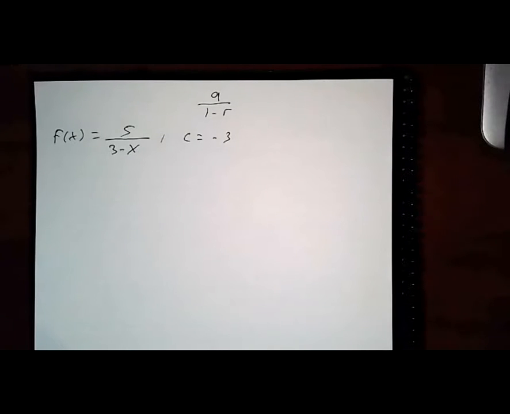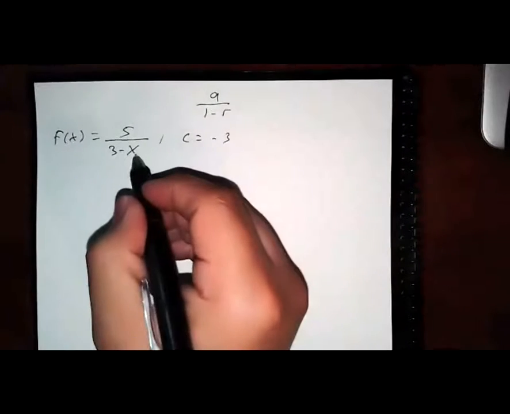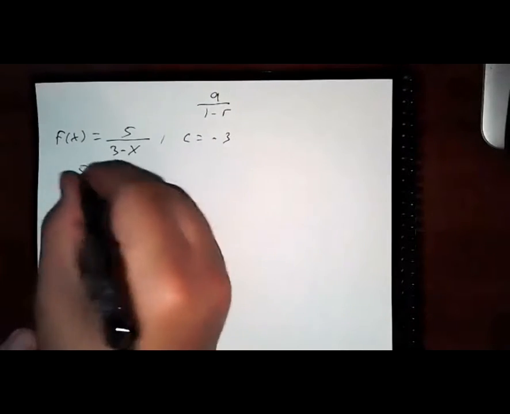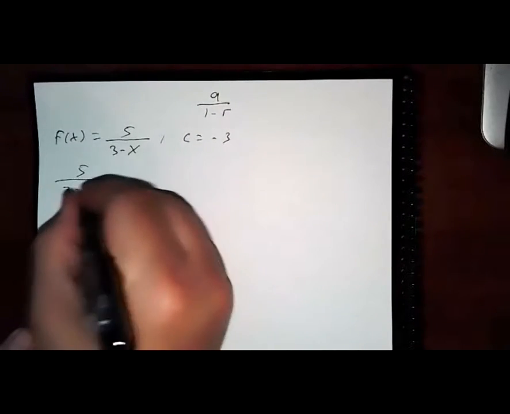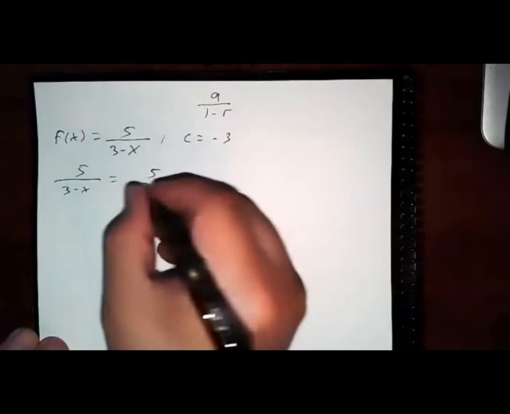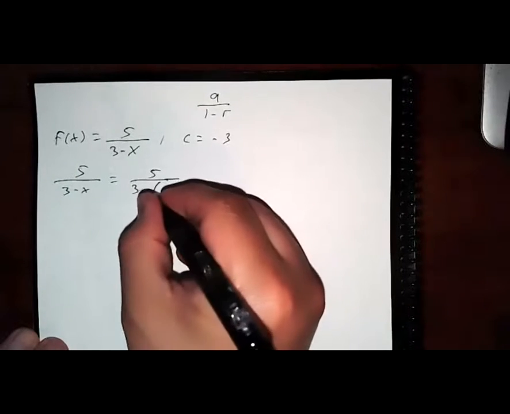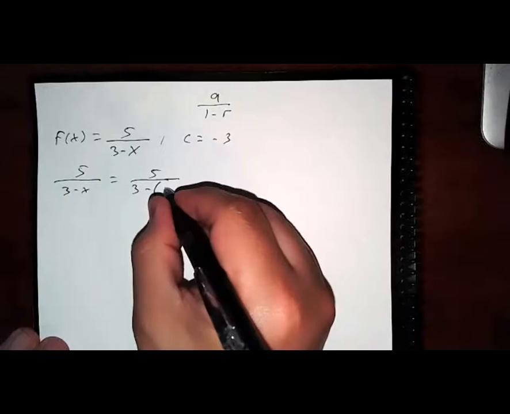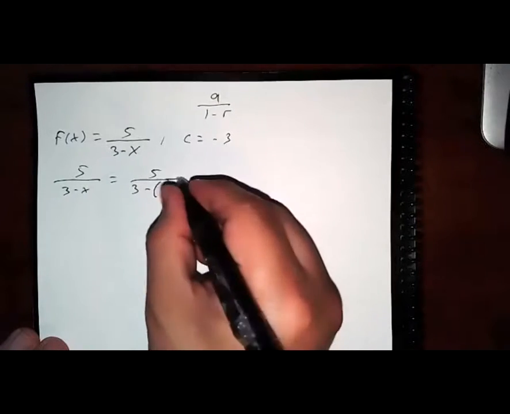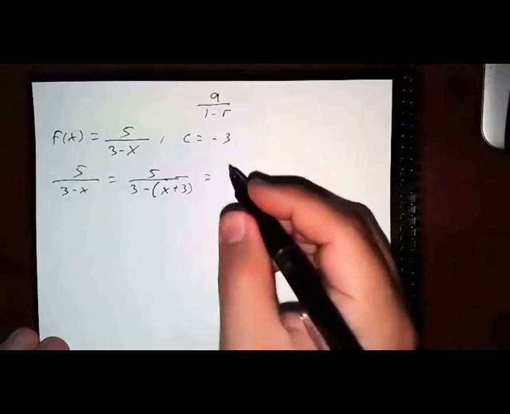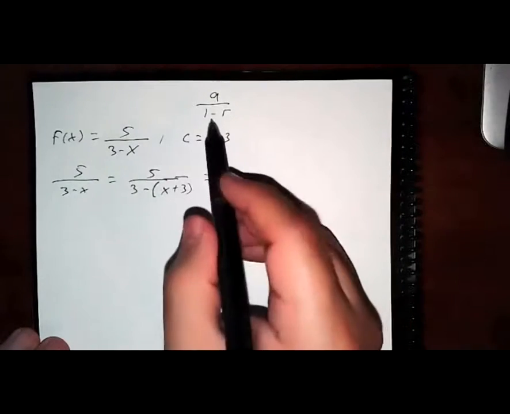So the center piece is going to go here. We start by manipulating this guy here into 3 minus x plus 3. So it's minus minus, so it becomes a plus. The next thing is I need to factor a 3 out so I can force this to be a 1.